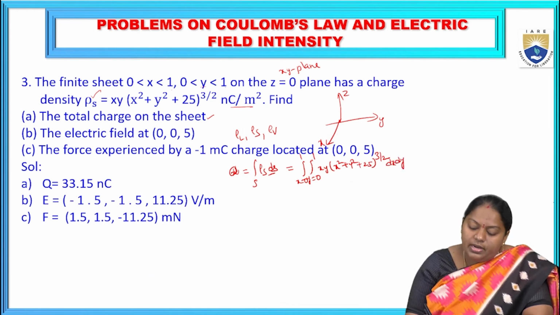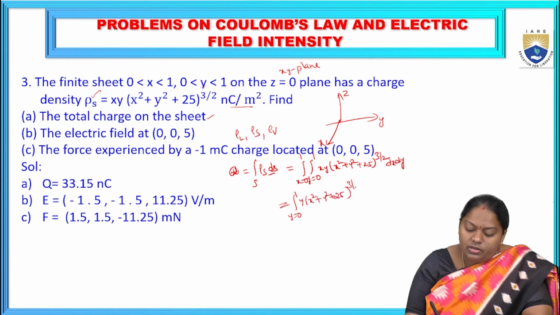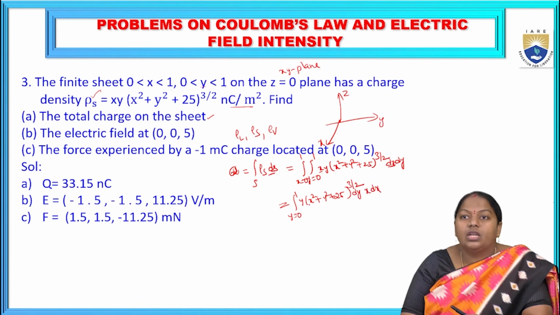Right? So if you're going to evaluate this one, integral y equal to 0 to 1, then y into (x square plus y square plus 25) whole power 3 by 2, and collectively from this x we'll write it as dy, x into dx. Why?